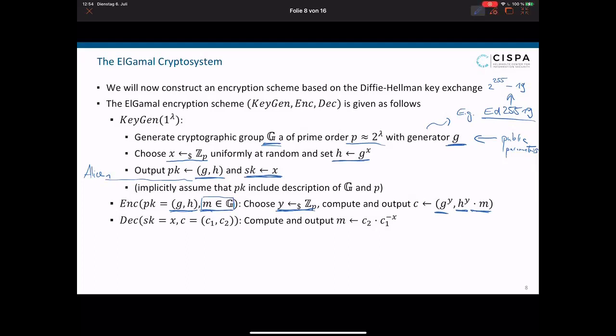This is the traditional way of specifying the ElGamal encryption scheme. There are other ways, but we stick with this simple version here.